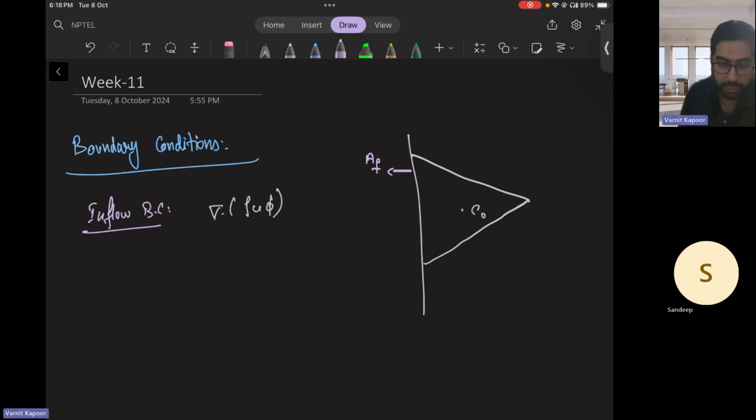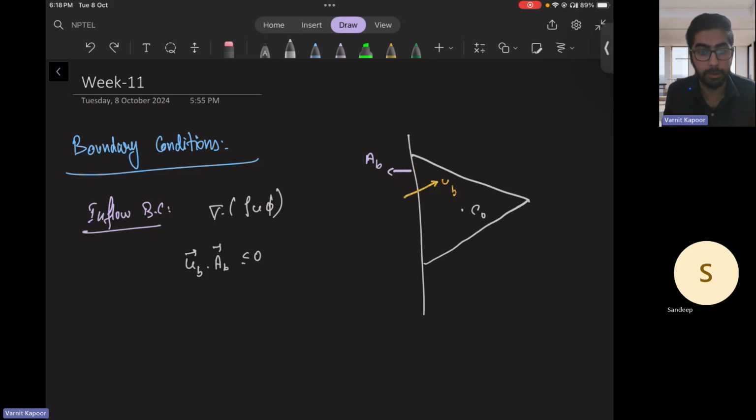So this is an inflow boundary condition when your velocity is going in this direction, U at the boundary. So if you see the dot product of U_B dot A_B, is it greater than or less than zero? It is less than or equal to zero, because these two are pointing in opposite directions. So when the dot product is less than zero, we say that it is an inflow boundary.